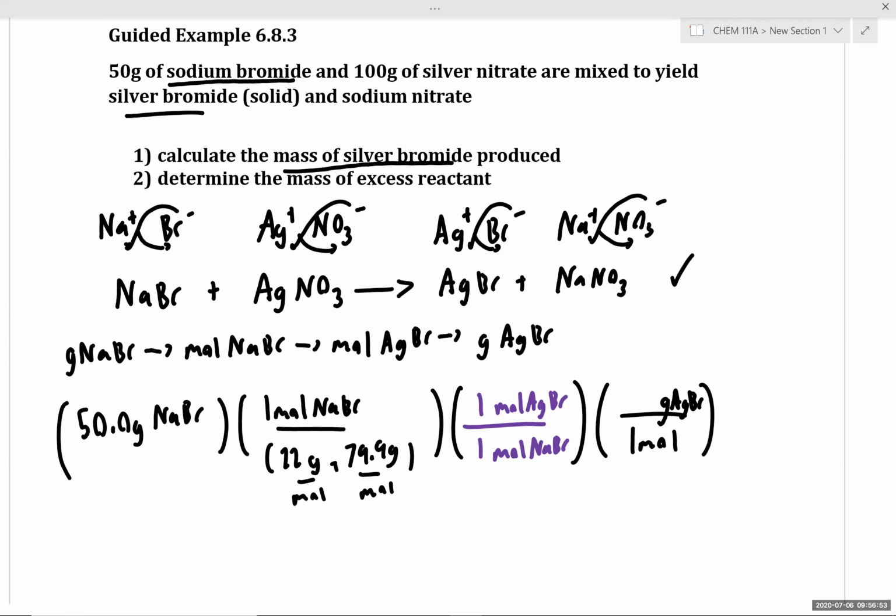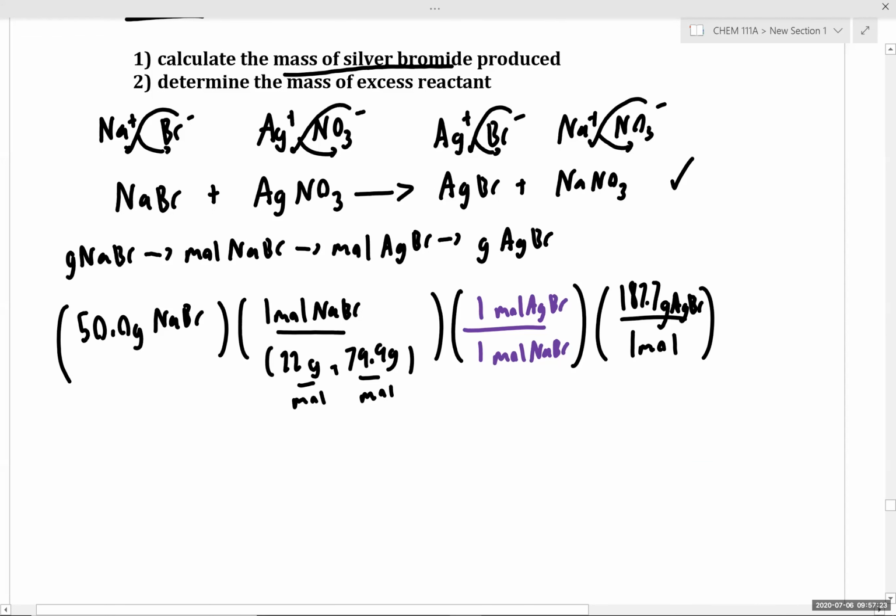Would someone mind providing in the chat the molar mass of silver bromide? 187.7. Okay, perfect.